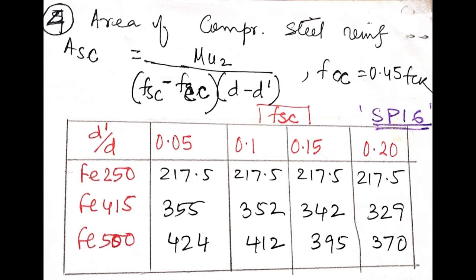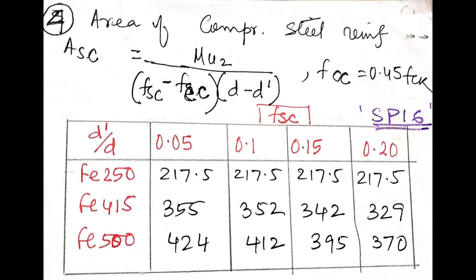From this table, by interpolation method, we have to find out the value of fsc. If the value of d dash by d directly comes at 0.05, 0.1, 0.15, we can take that value directly. For example, if d dash by d is equal to 0.1 and we are using Fe415 steel, the value of fsc will be 352.